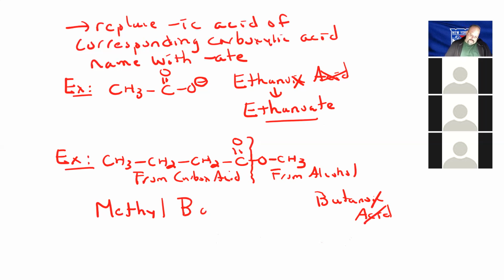So the second word for this ester would be butanoate. So the name of this ester would be methyl butanoate. No worry about numbering the carbons here. It's a lot different than what we've seen previously in terms of naming thus far. But this ester would be known as methyl butanoate.